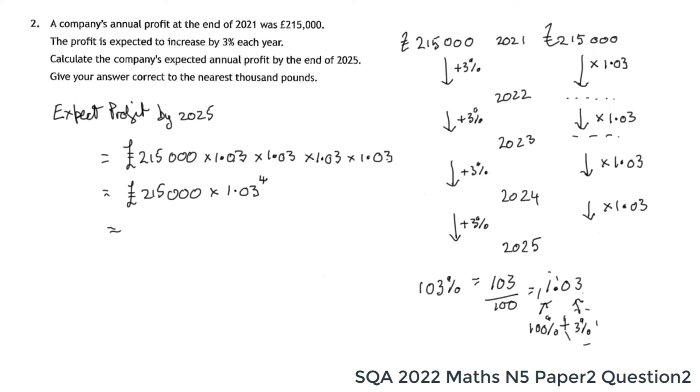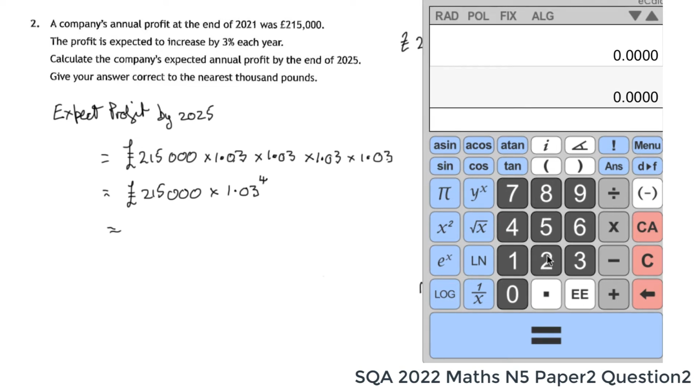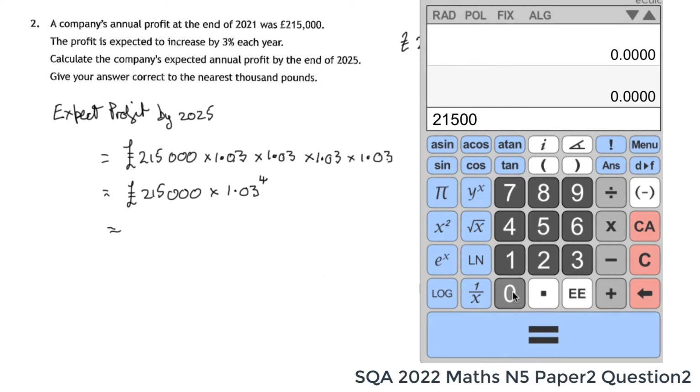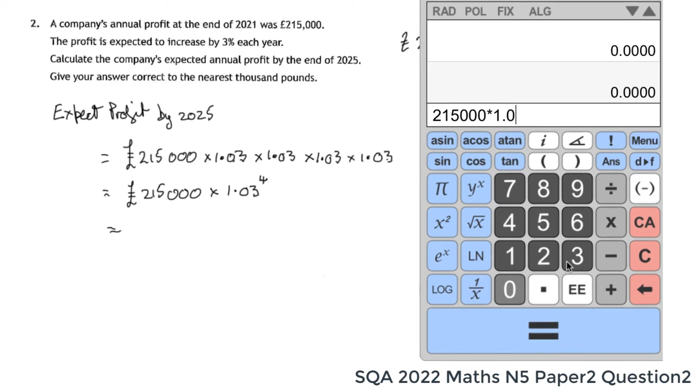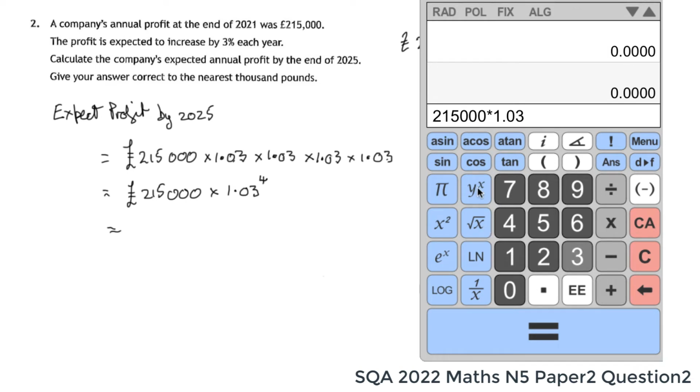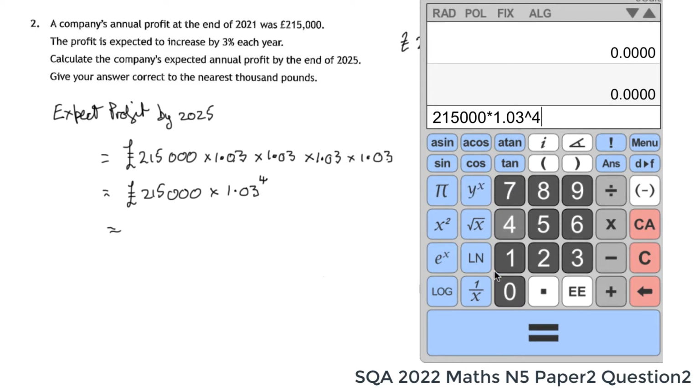So let's launch into the calculator now just to see what goes on, and let's put in the sums. 215,000 times 1.03 raised to the power, on this calculator it's that, sometimes it's this wee hat symbol, raised to the power 4, that should give us our answer.